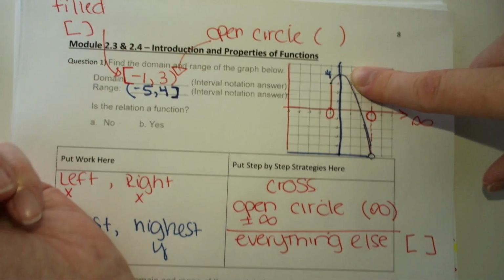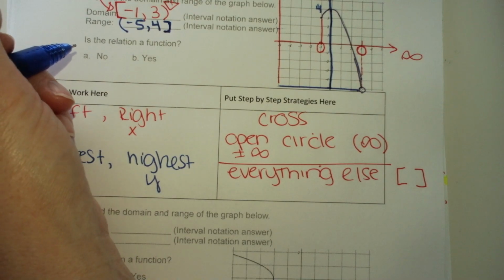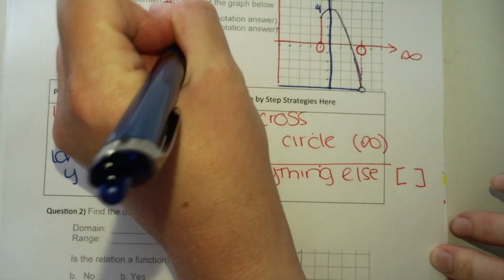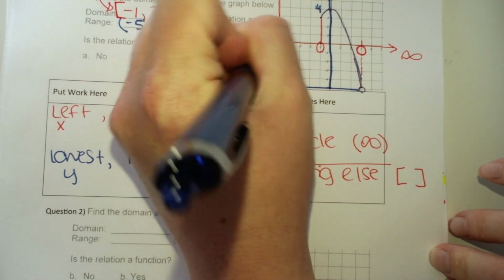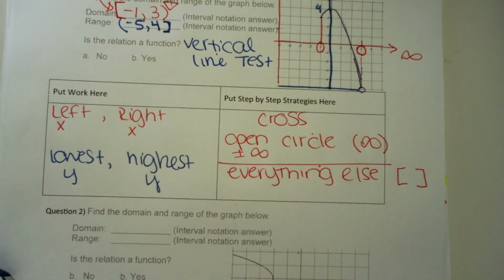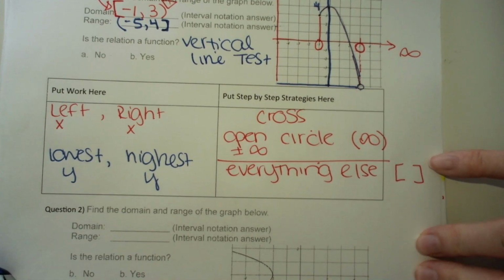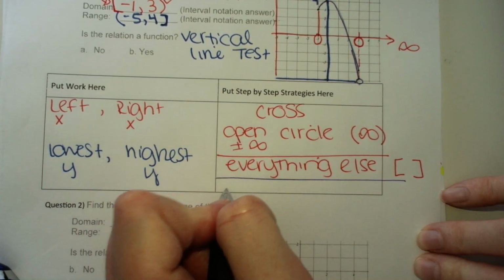Now, the question of is the relation a function is going to be answered with the vertical line test. So that's where you draw your vertical lines. So again, we're talking about strategies here.